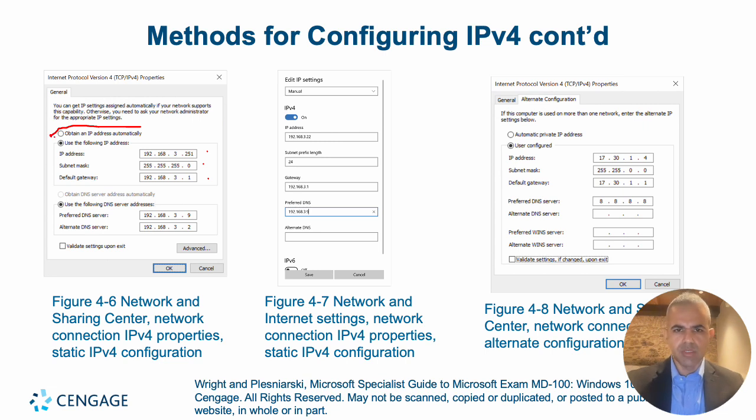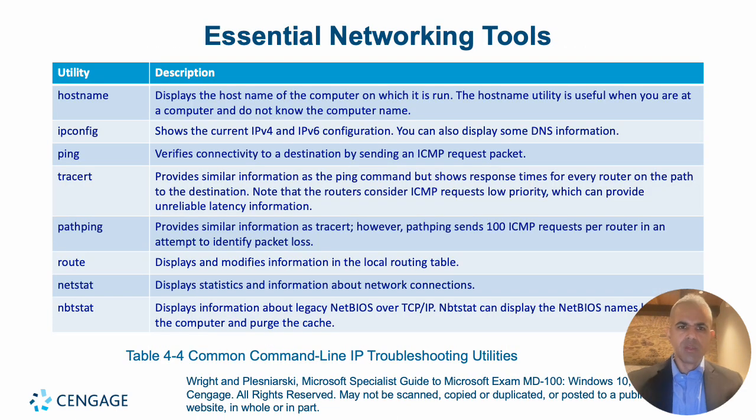Click that and DHCP does it. You can also do it through Network and Internet sharing. Same thing. Or through the Control Panel by accessing this specific window here that just allows you to configure it manually. Okay. Now, within our command line, there are a bunch of different tools. Command line, the black and white box, that allow you to also configure it.